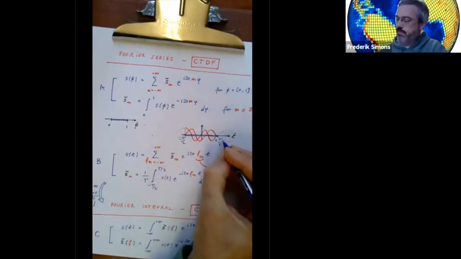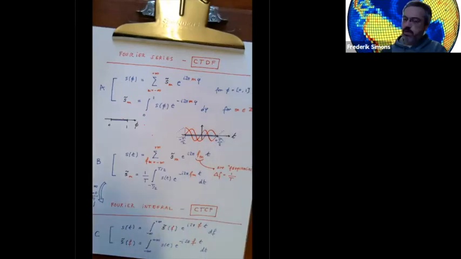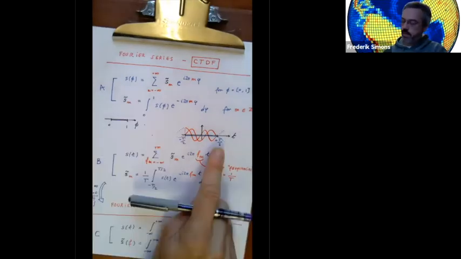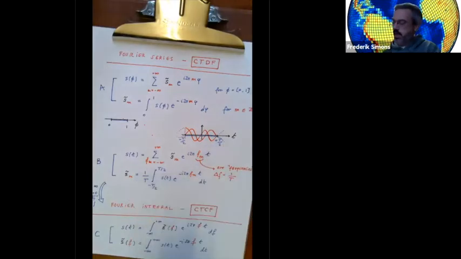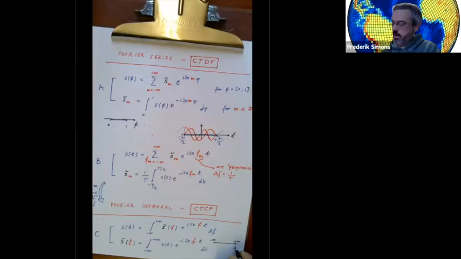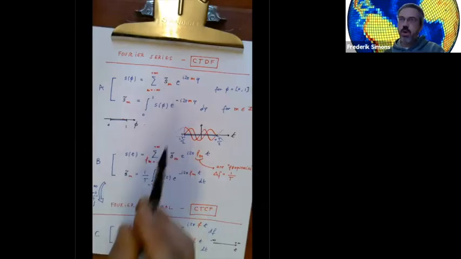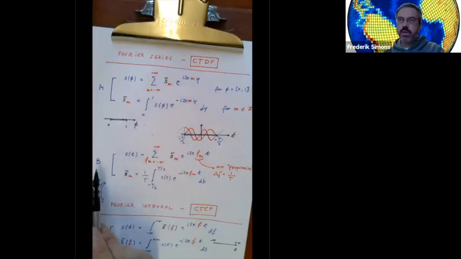I've made my argument that on a length 1 interval, we had A, on a length t interval, we had B, and on the real line, t going from negative infinity to plus infinity, we have C. And if we thought about frequencies here, in A, they were just the numbers 1, 2, 3, 4, 5, 6. In B, they were 1 over t, 2 over t, 3 over t, but they're discrete points.